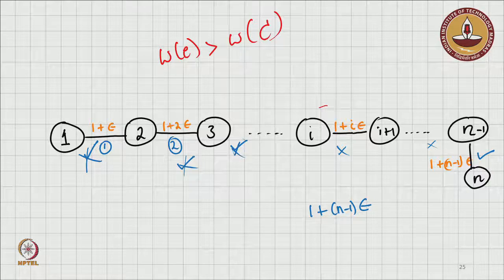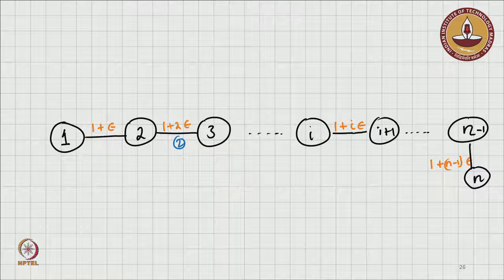But let's look at this a little bit more carefully. The maximum weight matching can actually be a lot higher. It can include this edge, the previous edge would not be included, but basically every alternate edge can be included.